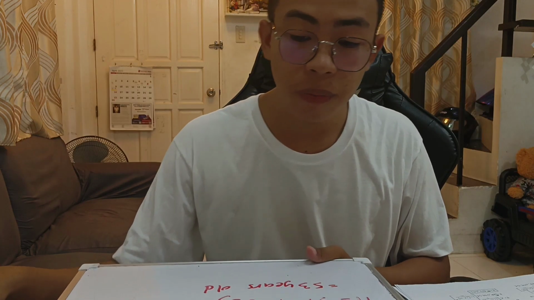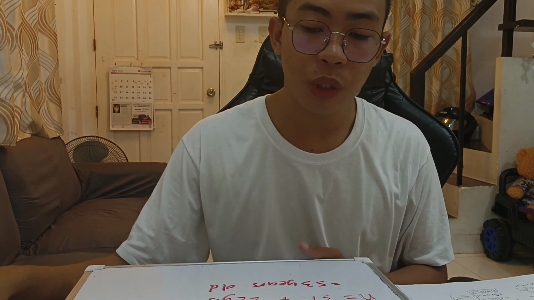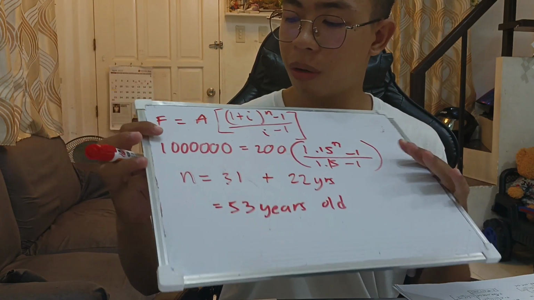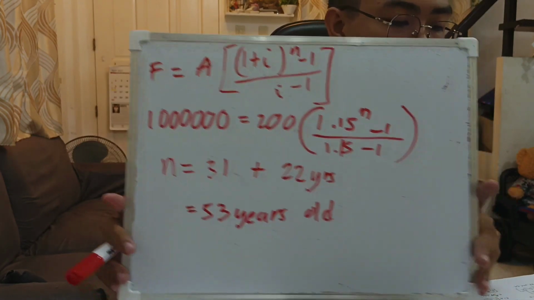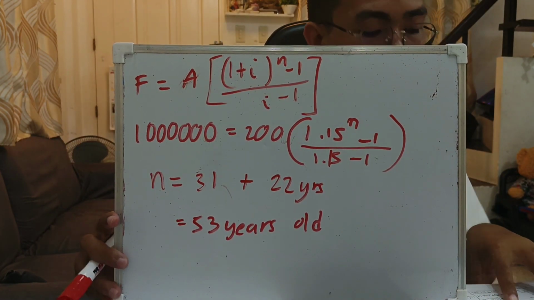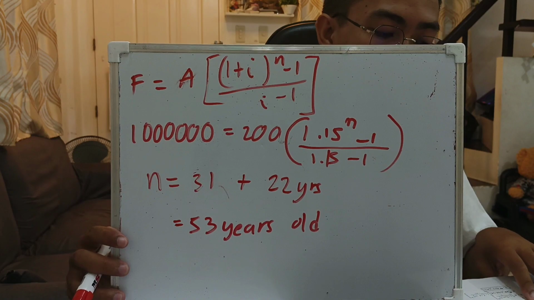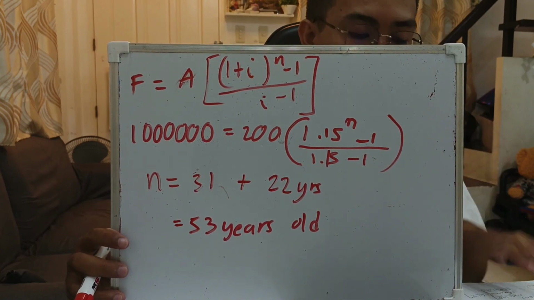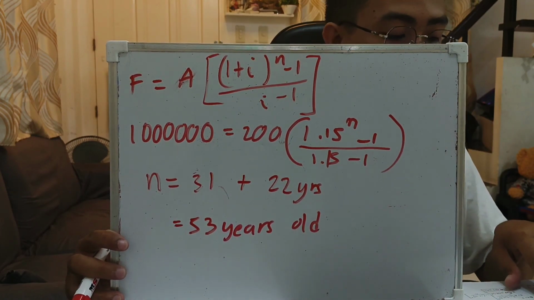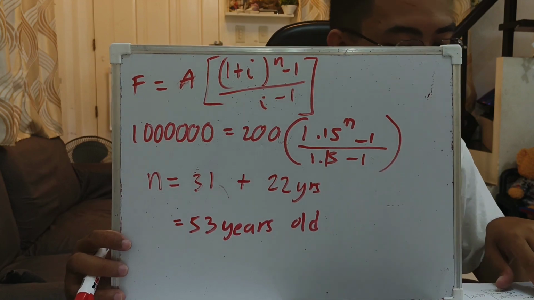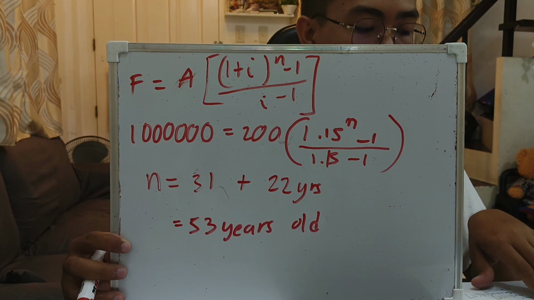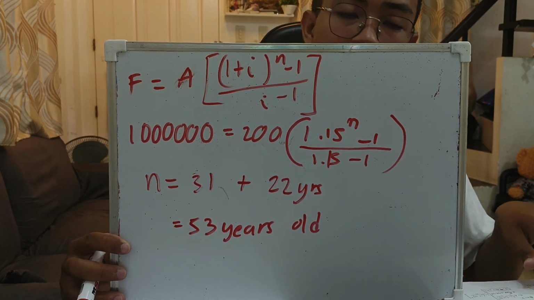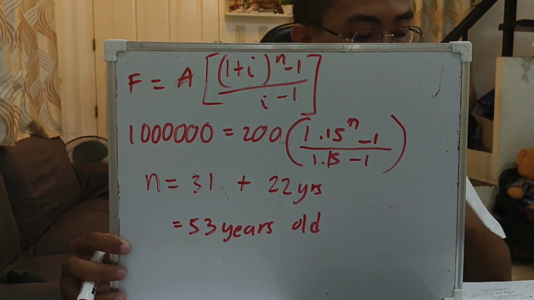So we'll be using the future amount formula of annuity, where our F, or the future amount, is 1 million, our A is 2,000, times the quantity of 1.15, or 15% plus 1, so 1.15 to the power of n minus 1 over 1.15 minus 1.